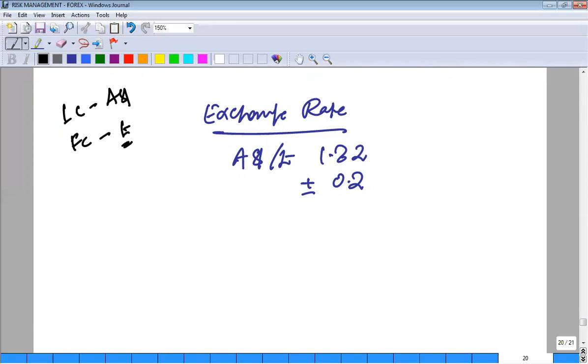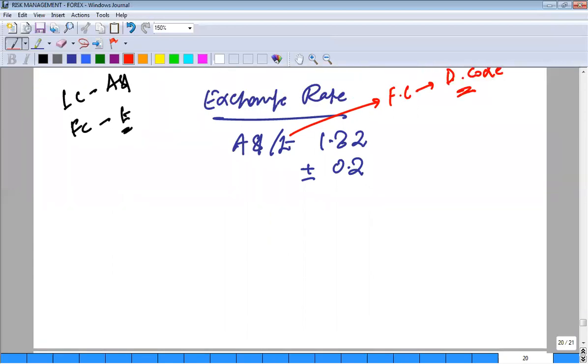So you have identified that the denominator is based on the foreign currency, that is a direct quote. But what is this plus minus 0.2? Actually, you have to identify buying and selling, always from the viewpoint of the bank.